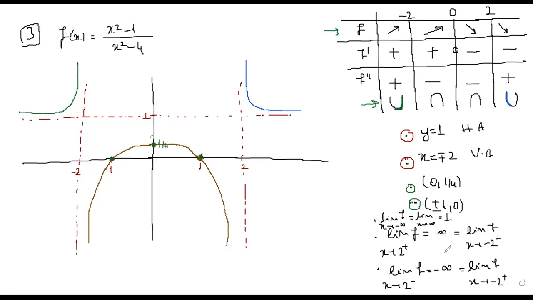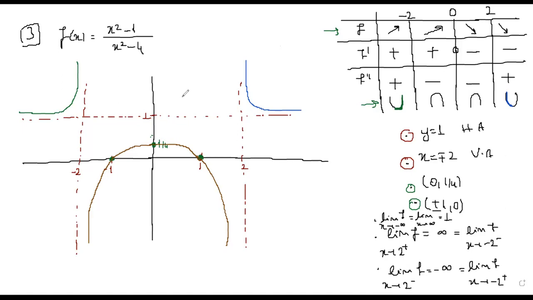It should be minus infinity. It's correct. And 2 from left, it's again minus infinity, as in here. Okay, and it cuts these 3 points, right? What about here? It's concave downwards. It's increasing till 0 and then decreasing. So it's also correct. Okay.